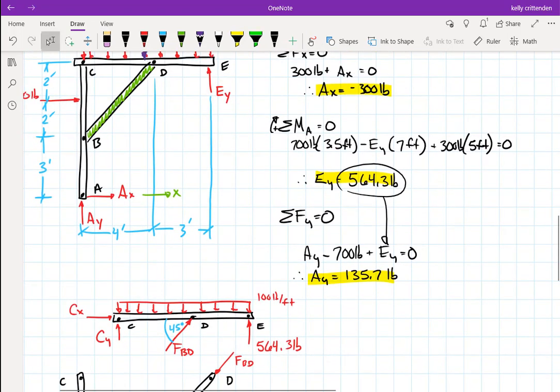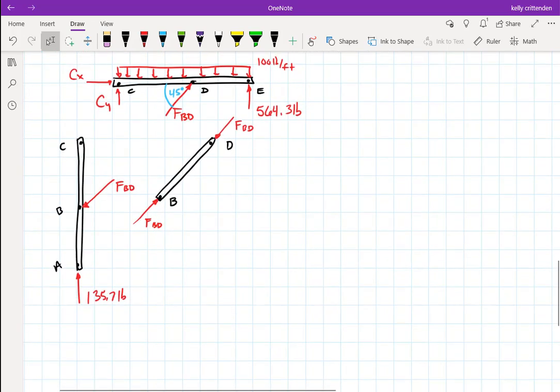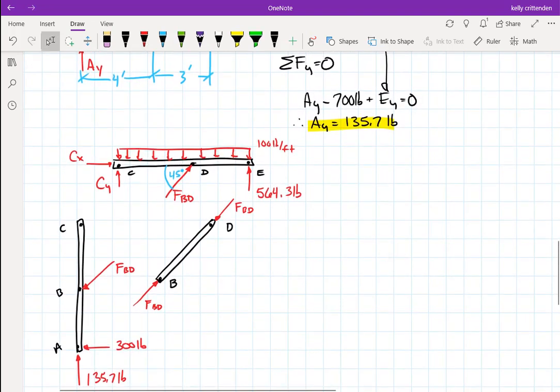I drew it originally to the right, but then I calculated it's a negative 300, so it needs to go to the left. And then I've already chosen CX and CY directions when I drew CDE, so I need the same magnitude, CX and CY, but opposite directions for both of them. So CY needs to go down, and CX needs to go this way.